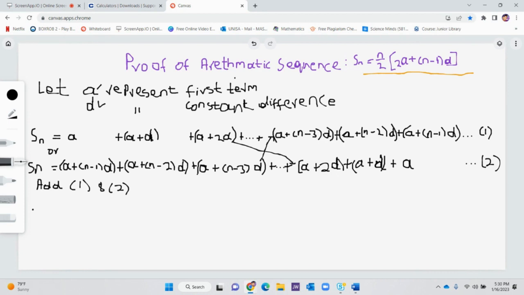Sn plus Sn is going to be 2Sn. Sn plus Sn is 2Sn, equal to a plus this term, that will be a plus a, that is 2a, then we have plus n minus 1 d.